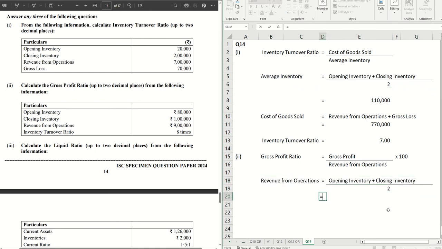So our average inventory will be 80,000 plus 1 lakh divided by 2, which is 1 lakh 80,000 divided by 2, that will come to 90,000. All right. So that becomes our answer, 90,000.